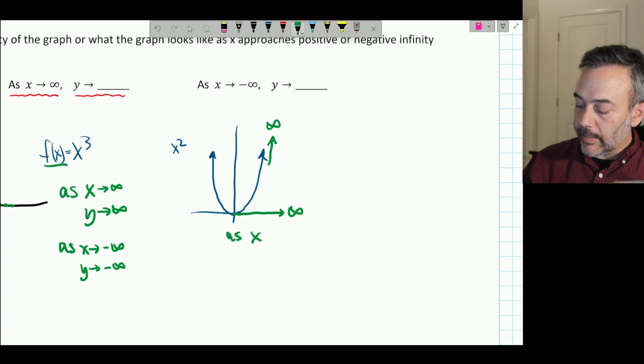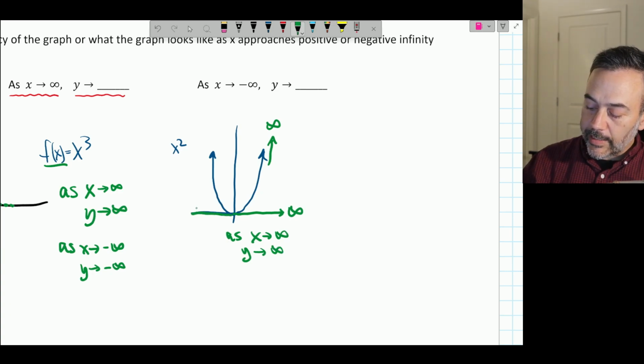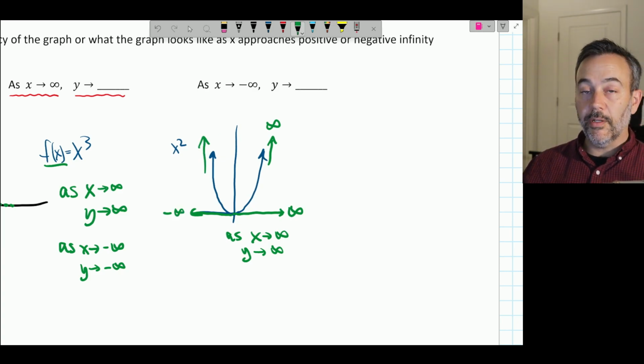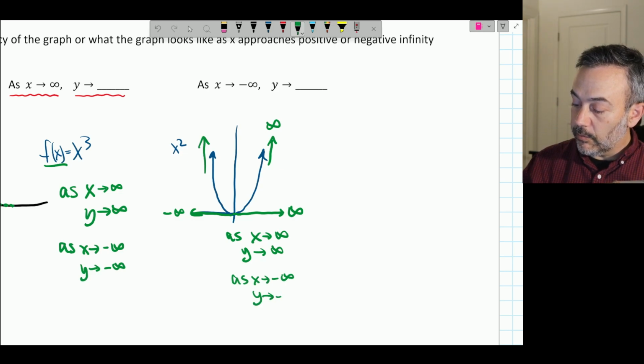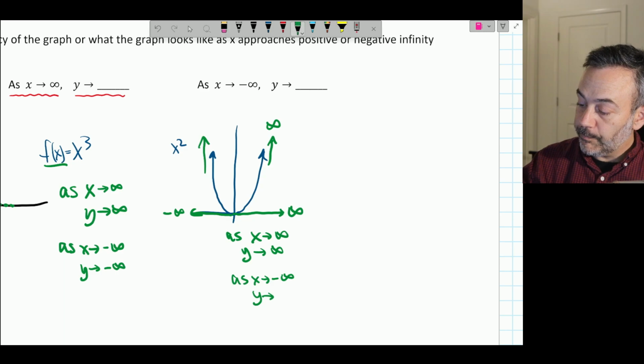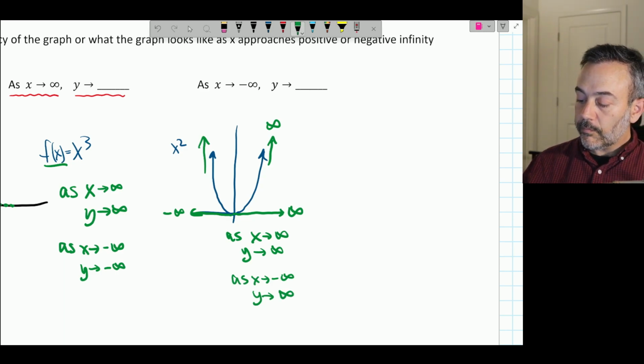So as x goes to infinity, y goes to infinity. But it's also true that as x goes to negative infinity, the graph also goes up on the left-hand side. So as x goes to negative infinity, y also goes to positive infinity, because the graph goes up on both sides.